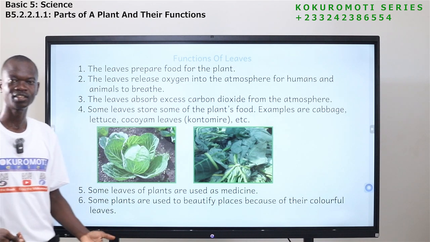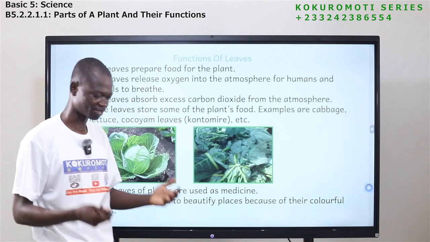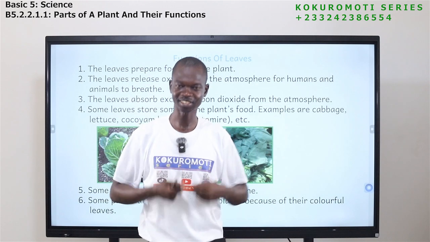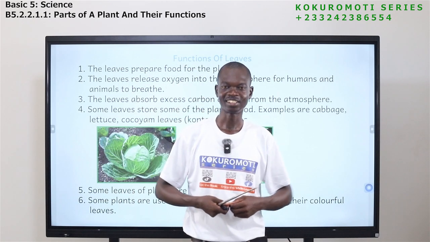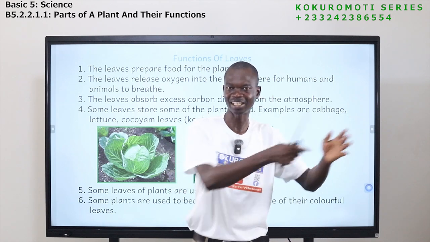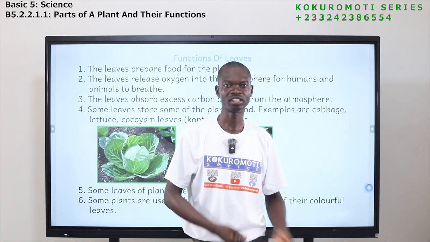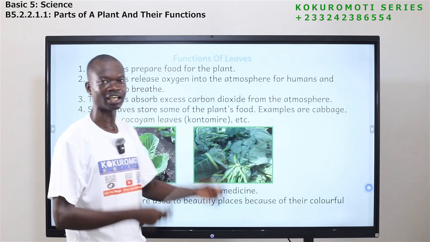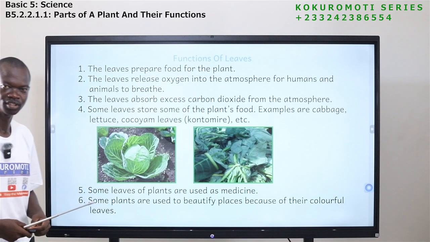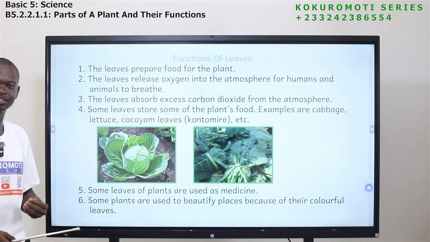Plants. Very good. Human beings, we take in oxygen. Carbon dioxide comes out, and plants use the carbon dioxide. They also give us oxygen. So the oxygen that we breathe, we get it from plants.